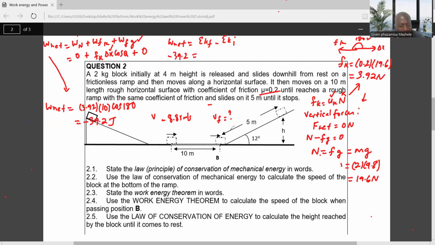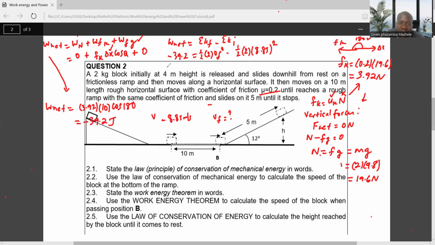That means the final velocity will decrease, because friction decreases the speed of the object. So we have half m v squared. The m is 2. We do not know the final velocity or speed. Half the mass is 2, and initially it's 8.85. I hope you understand why we say 8.85.